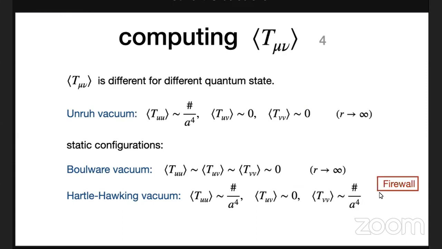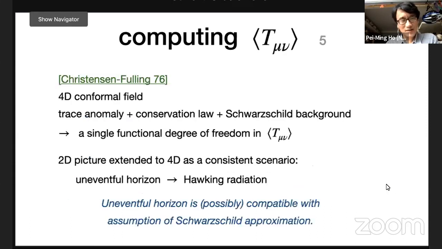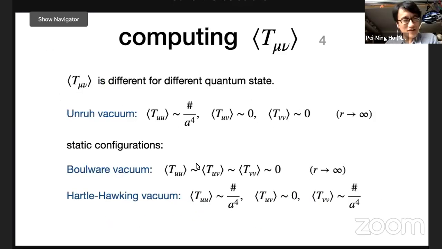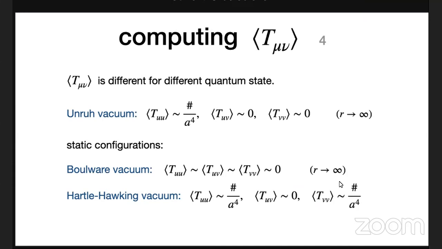But okay, then I should only talk about the Boulware vacuum. So this is the static permanent black hole. Then you would have a firewall. This part I'm very sure. Yeah. Thank you.